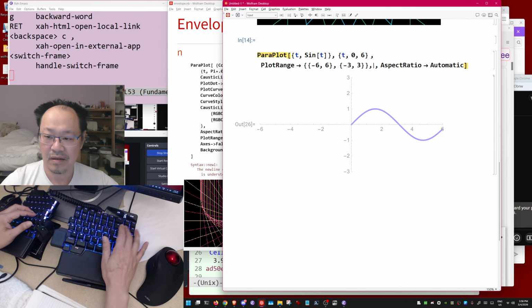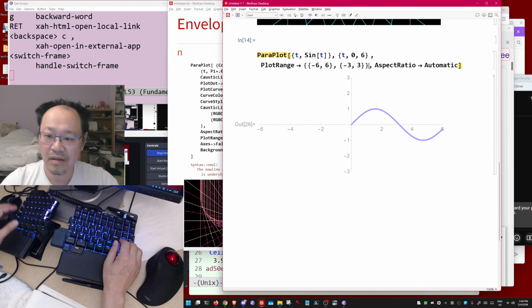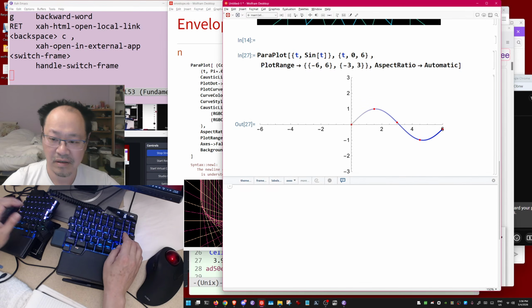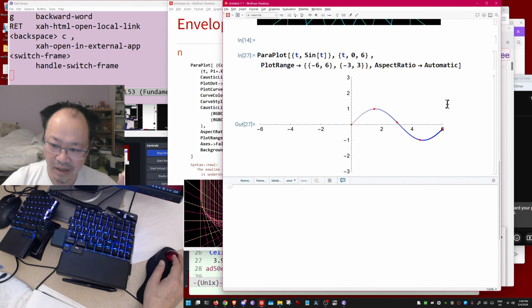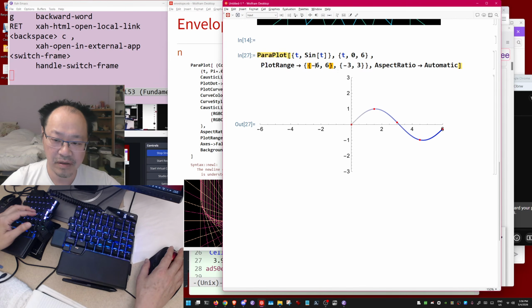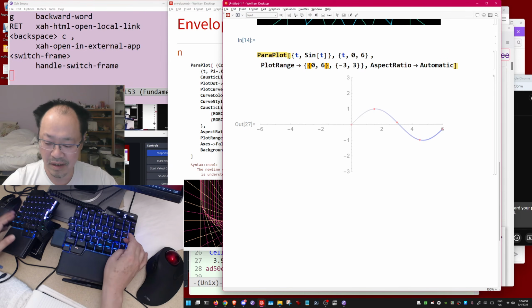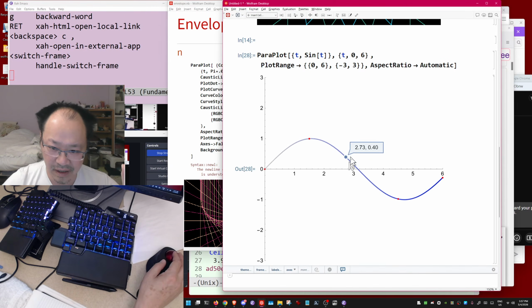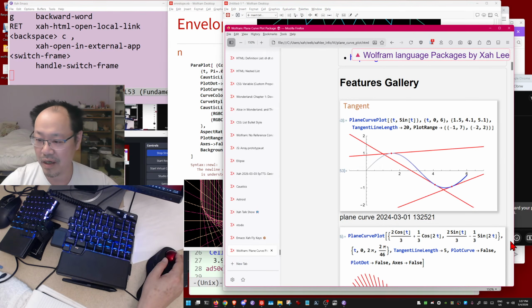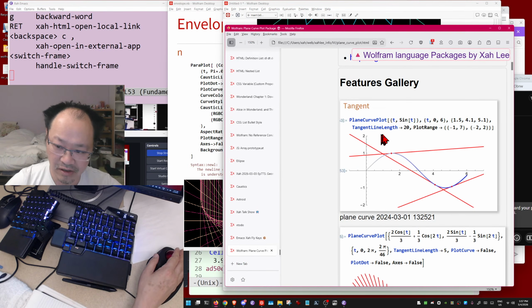Delete. Now shift enter. We started to have a nice sine. Now plot range from 0 to 6 for x. Okay, shift enter. Fantastic. Now we're talking. Now we wanted to show tangent line length.